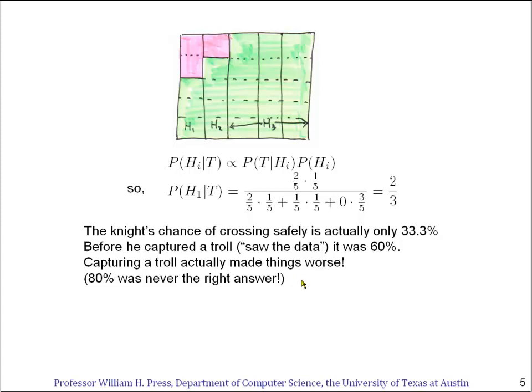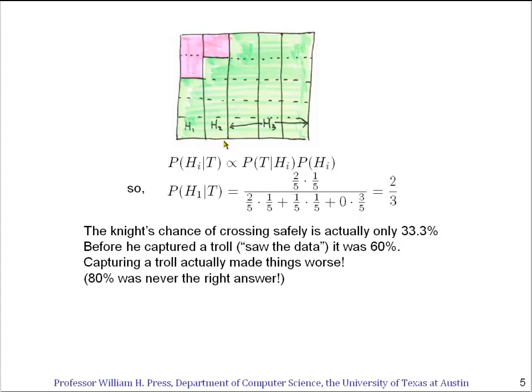Now, I'm over-dramatizing this perhaps a little bit when I say that by capturing a troll, he made things worse. If you think about this for a minute, it was actually the fact that he saw a troll that made things worse. Because by seeing a troll, he acquired some data.